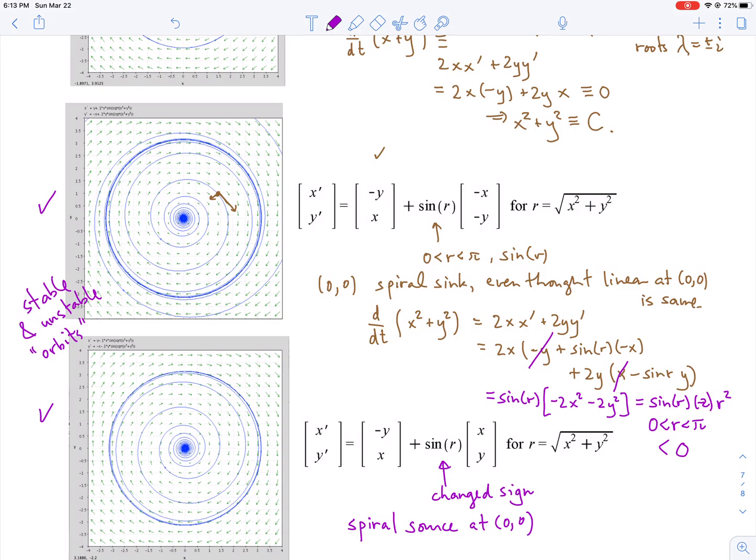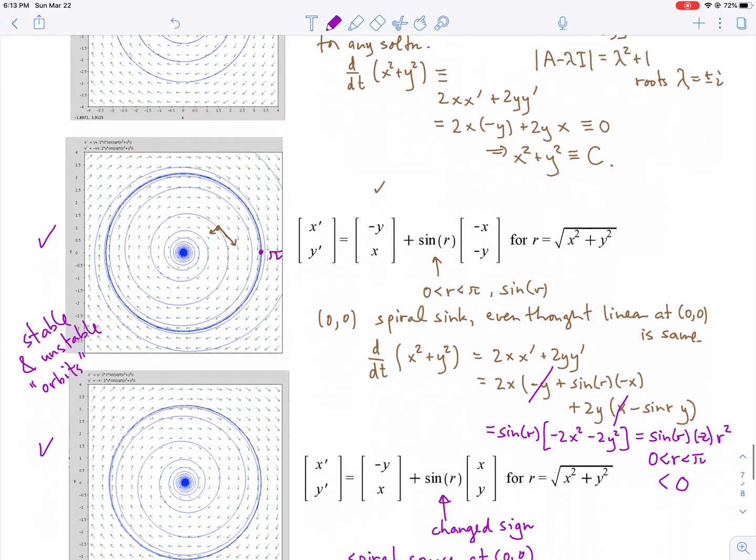And you can see that if the sine of r was 0, in other words, at r equals pi, then the correction term is gone, and if you start out on that circle, you're just going to go around that circle.